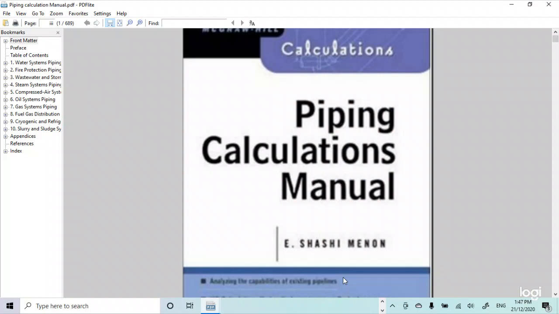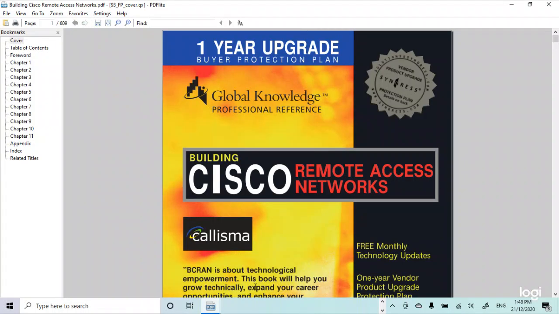For the electrical engineer, the textbook I provide is Cisco remote access network.